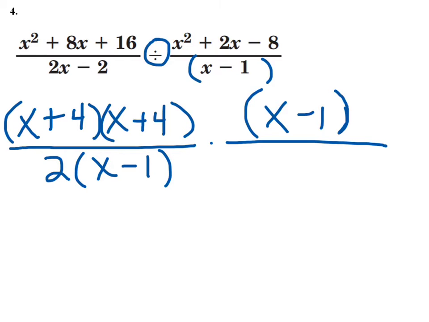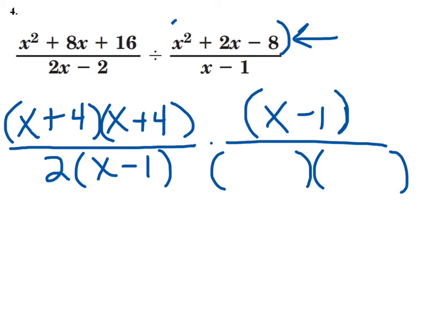Now, let's factor the numerator. While I factor this numerator, I'm going to place it in the denominator. Again, keeping in mind that the only way of factoring a trinomial whose leading coefficient is 1 is to break it up into a binomial and a binomial where x is our first term in each.